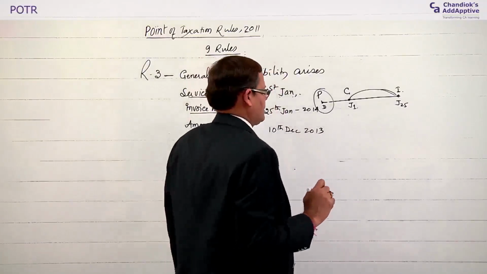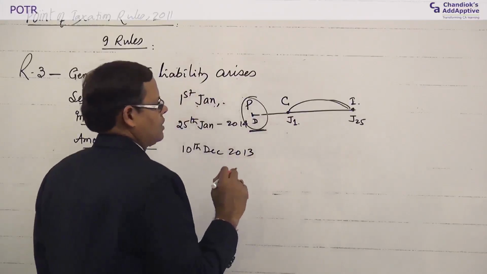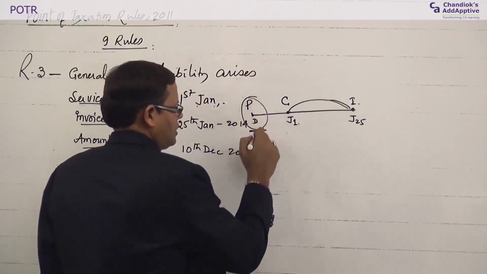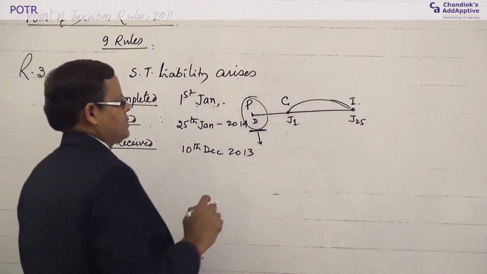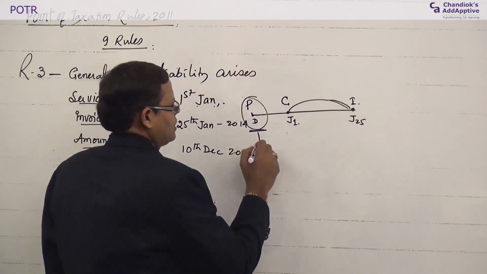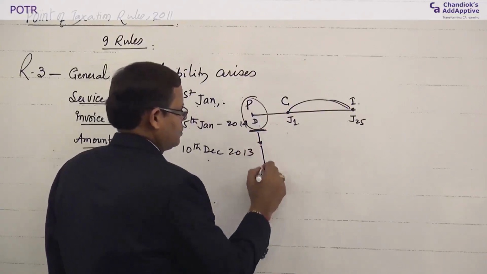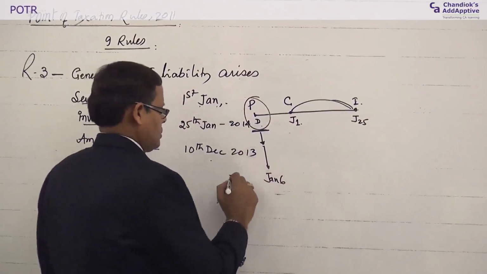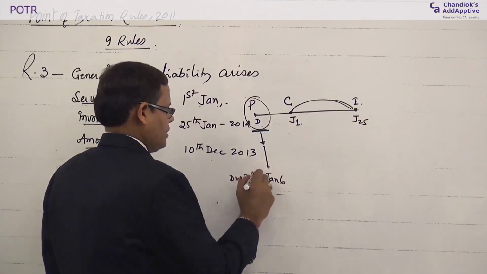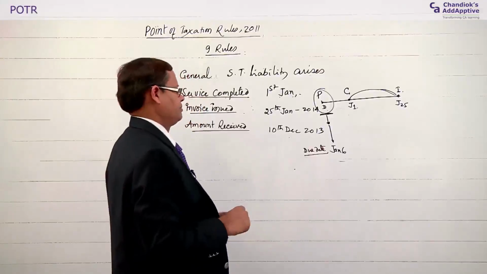As far as this payment is concerned, whether it is partial or full, to the extent of the amount received, not on the whole amount, service tax is to be paid. So tax liability arose on December 10th, and the due date will be January 6. So service tax is to be paid on January 6 to the extent of the amount received.